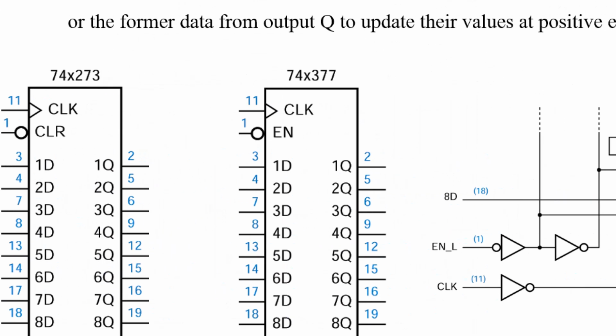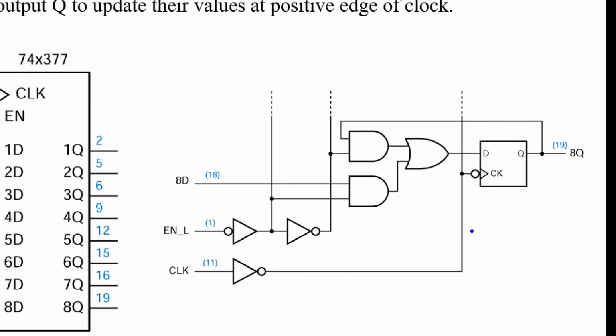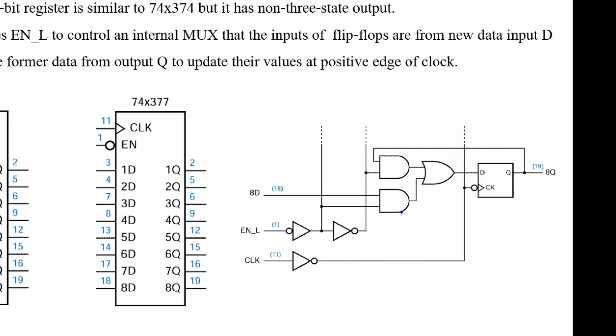Okay, how does it work? Consider this one. When enable is 0, this point is 1, this point is 0. 1 here, so this is data, right? Data from outside, maybe this one, 8D.